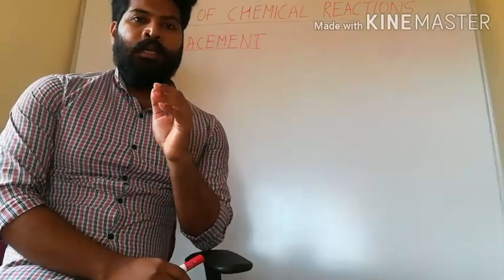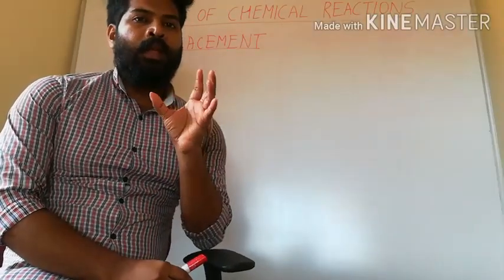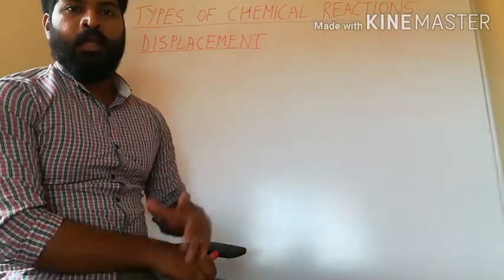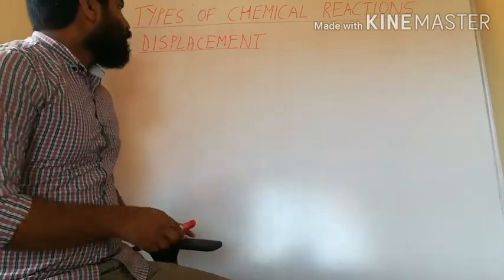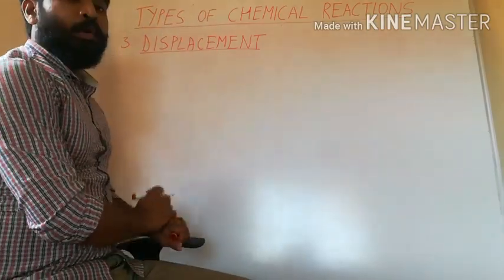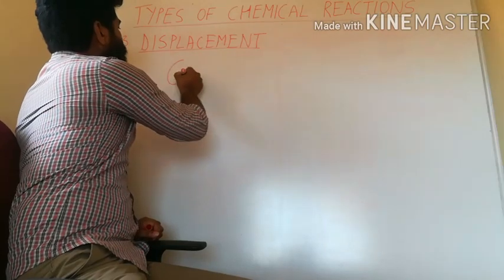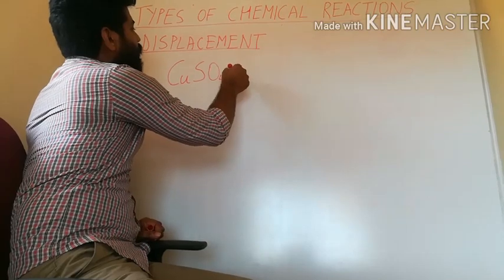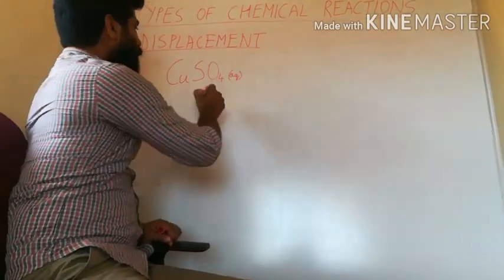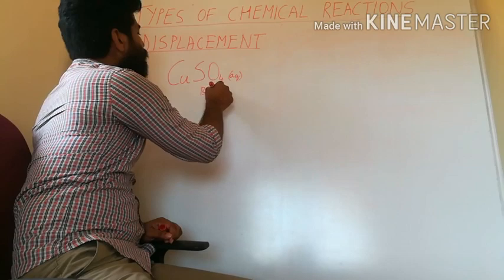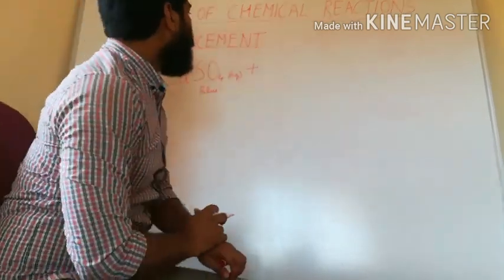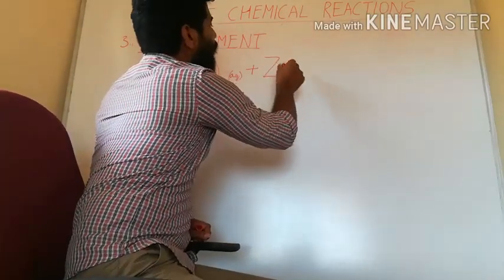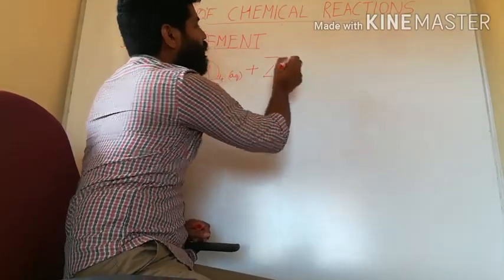Now let us represent the chemical reaction that we just witnessed, that is your displacement reaction, with the chemical equation. In the reaction, we took copper sulfate aqueous solution, writing the state symbol, aqueous, which was blue in color, and to copper sulfate we added our zinc metal Zn, which was in solid state.